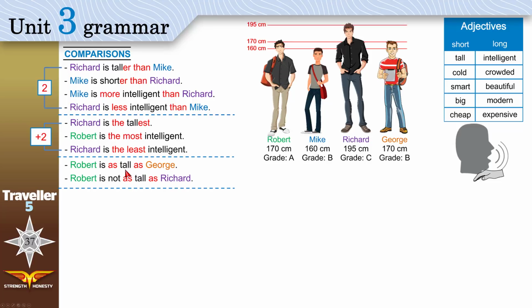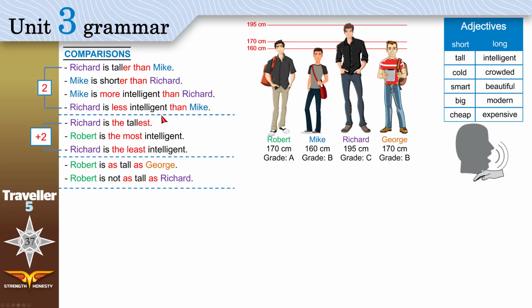Long or short, okay? Or you can say Robert is not as tall as Richard, which means he is shorter. Robert is shorter than Richard. Remember, as, adjective, as: before and after. Is as tall as or is not as tall as.